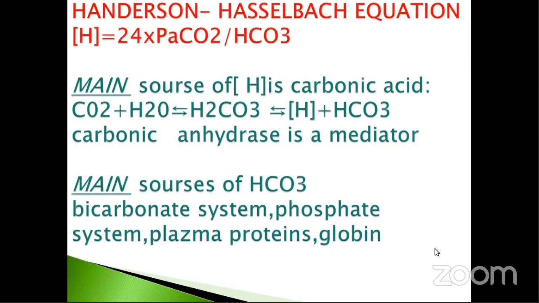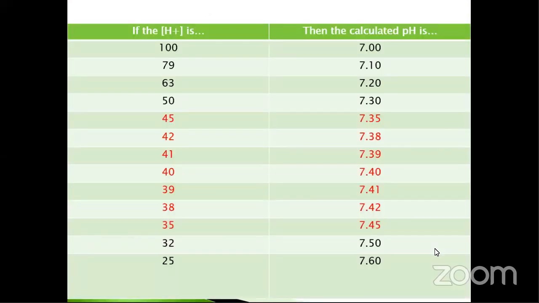So, the relation between hydrogen ion, PaCO2, and bicarbonate in the body, it's a Henderson-Hasselbalch equation. By this equation, we can check the eligibility of our ABG sampling. As you can see on these slides, there is relation between hydrogen ion content and blood pH. As you can see, it's vice versa, going in opposite directions.